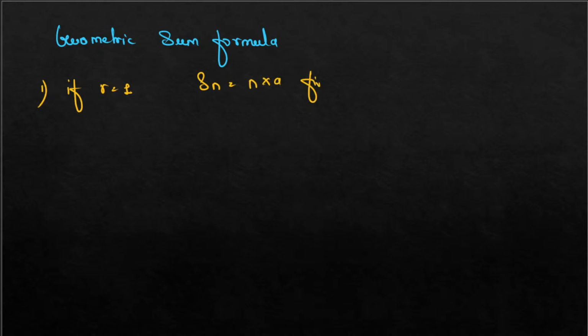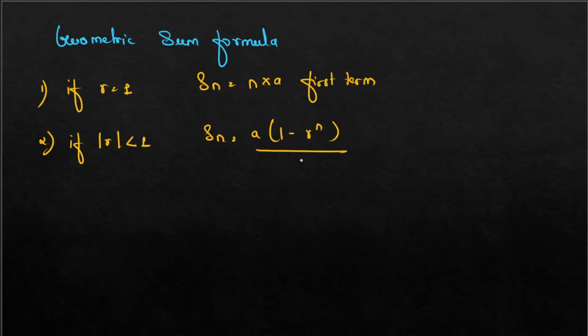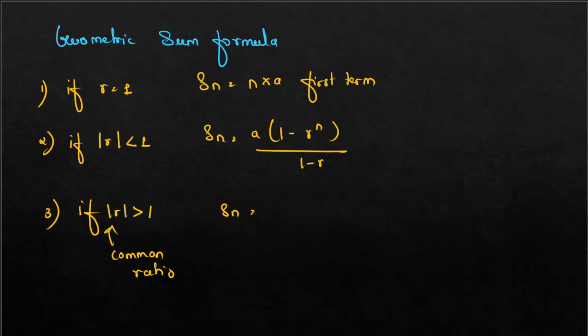This is the first case. Second, if r is smaller than 1, then S of n is a into 1 minus r to the power n by 1 minus r. Third, if r is greater than 1, where r is the common ratio, then S of n is equal to a into r to the power n minus 1 by r minus 1.